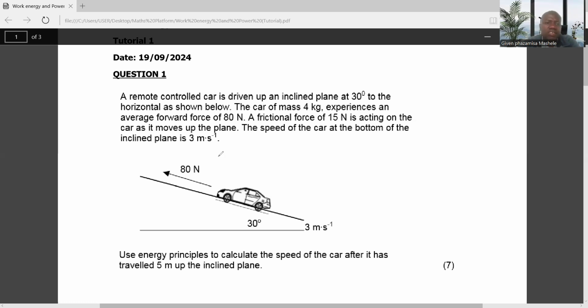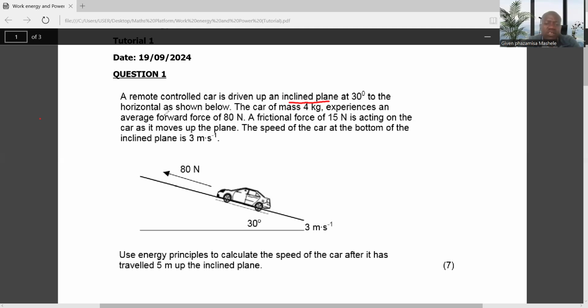A remote controlled car is driven up an inclined plane at an angle of 30 degrees to the horizontal. So they're saying that this inclined plane is at an angle of 30 degrees with the horizontal, as shown below.